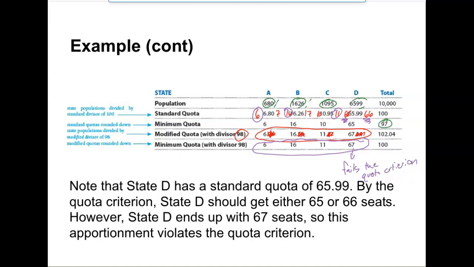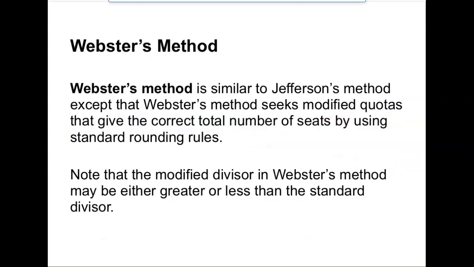All right, I think we have one or two more methods. Webster's method is similar to Jefferson's method. Meaning you find the minimum quota, just like you do in all the methods. You start with your standard quota, you chop off the decimal, there's your minimum quota, right? Except that Webster's method seeks modified quotas that give the correct total number of seats by using standard rounding rules.